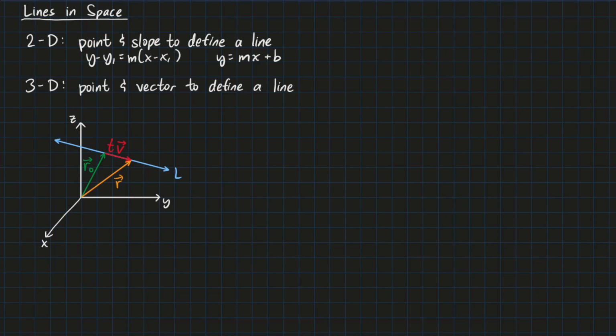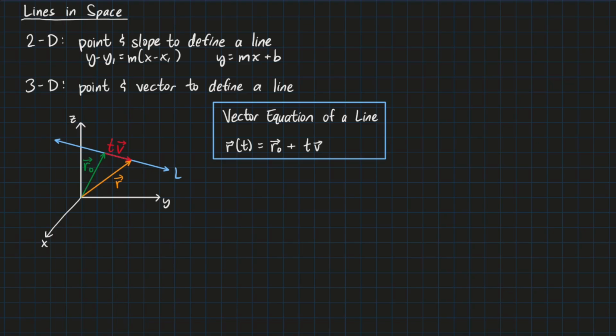So the vector equation of a line in 3D space is just r of t equals r0, which is the vector that gets us from the origin to a point on the line, plus t times vector v. Vector v is the vector that goes along the line, and t scales it so that it can go forward and back as much as you want.